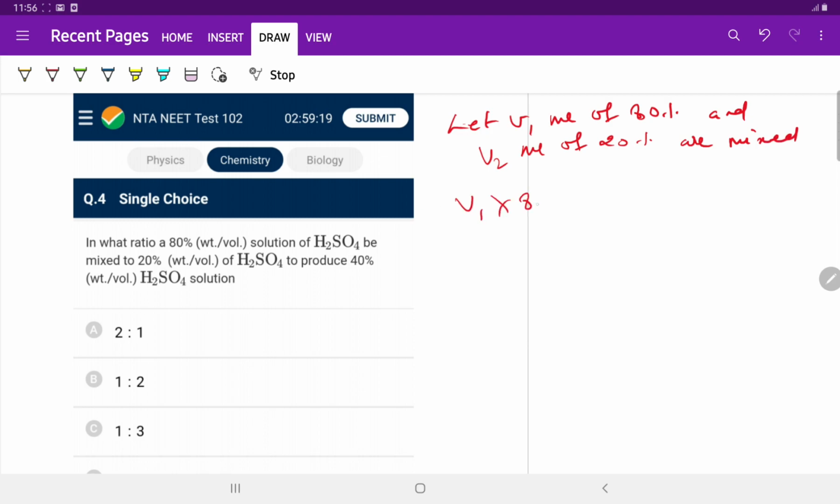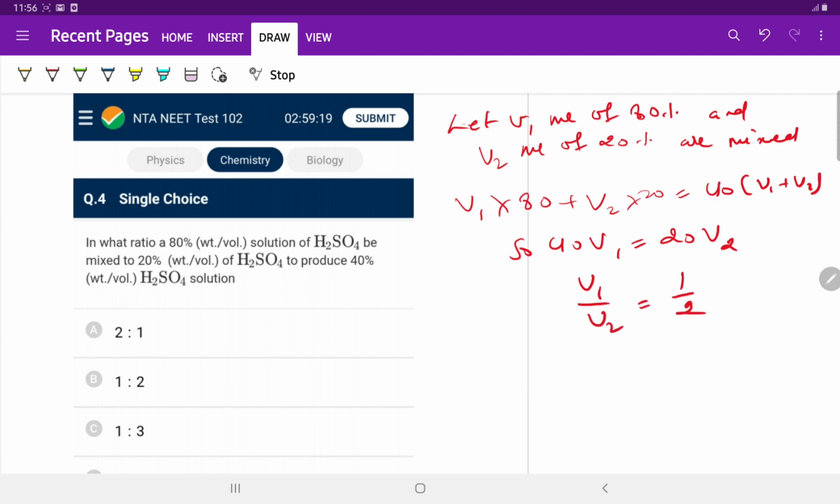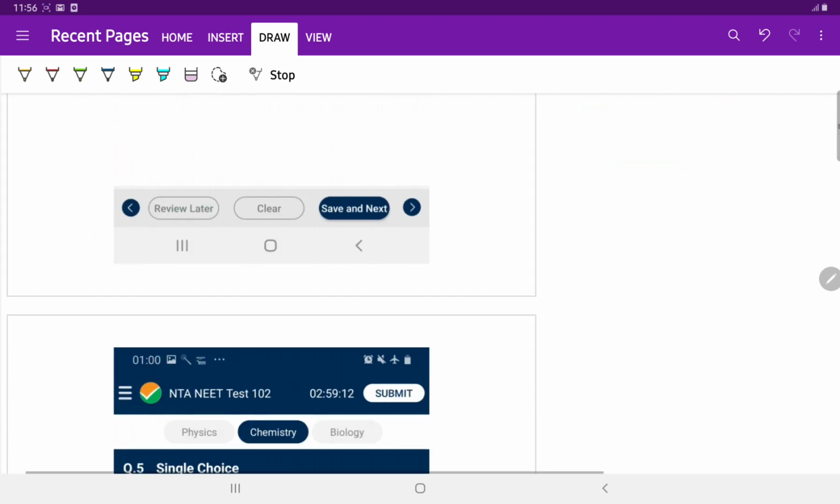V1 multiplied by 80 plus V2 multiplied by 20 is equal to 40 times (V1 plus V2). So 40 V1 is equal to 20 V2. So V1 upon V2 is equal to 1 by 2. So 1:2. So option B is correct for question number 4.